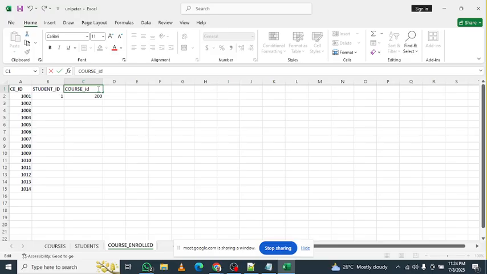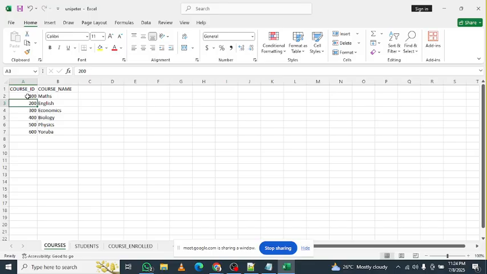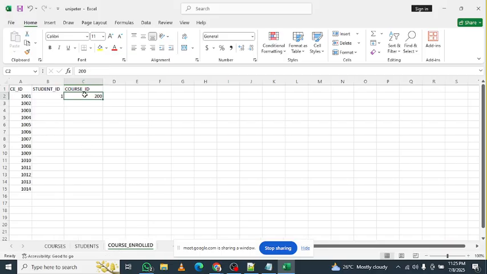Then I can trace the course ID to the courses table. Can you see course ID, the same column name? 200 is a primary key, but in the enrollment table, it becomes a foreign key. It's coming from another table.